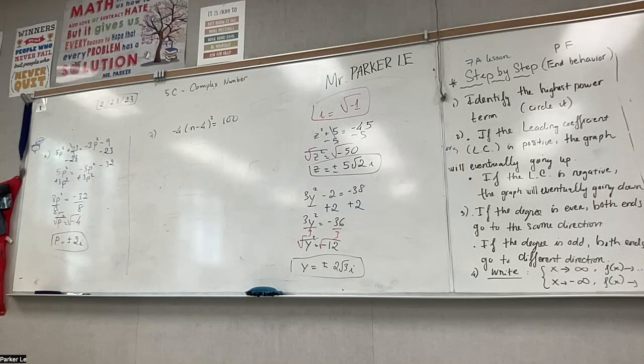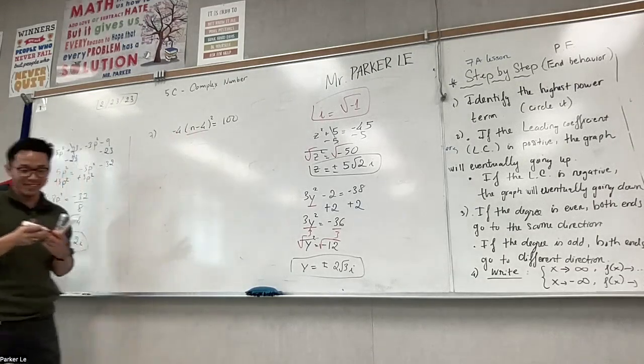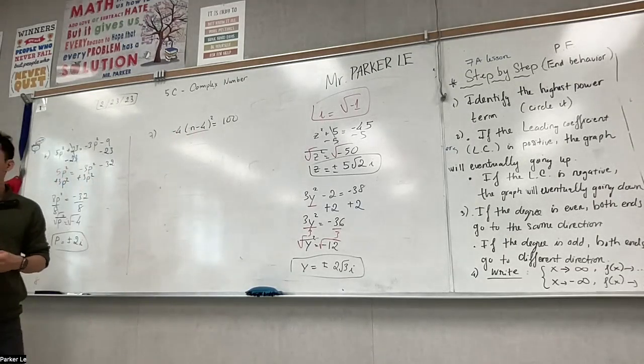All right. This one, number 7. Which one is the square term? I need to turn it around. Negative 4 times n minus 4. Okay. So what do you want to do?